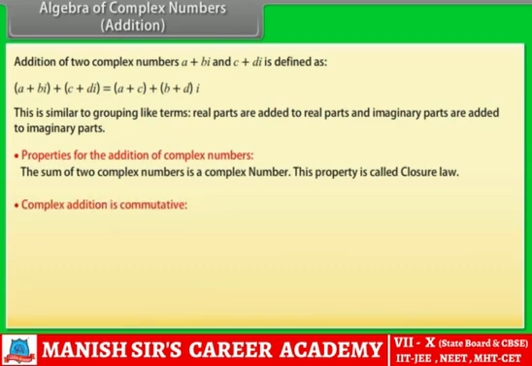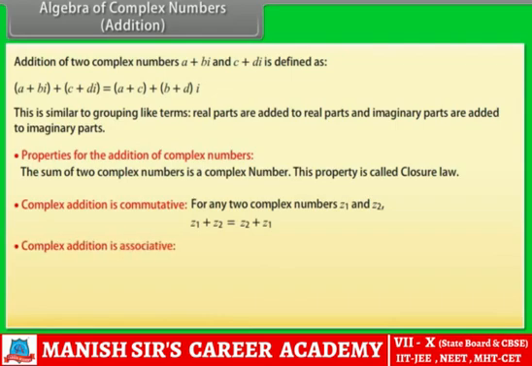Complex addition is commutative. For any two complex numbers Z1 and Z2, Z1 plus Z2 is equal to Z2 plus Z1. Complex addition is associative. For any three complex numbers Z1, Z2, Z3, (Z1 plus Z2) plus Z3 is equal to Z1 plus (Z2 plus Z3).